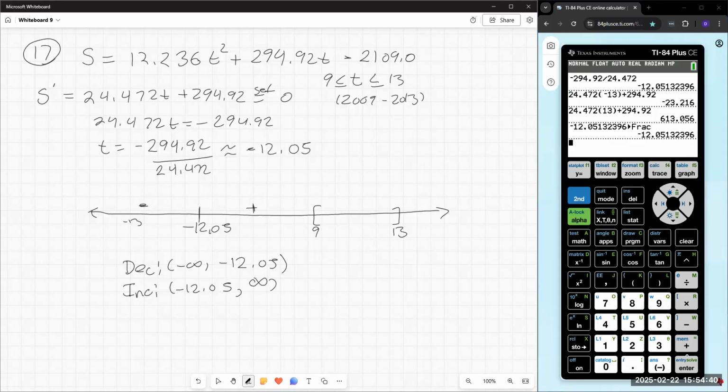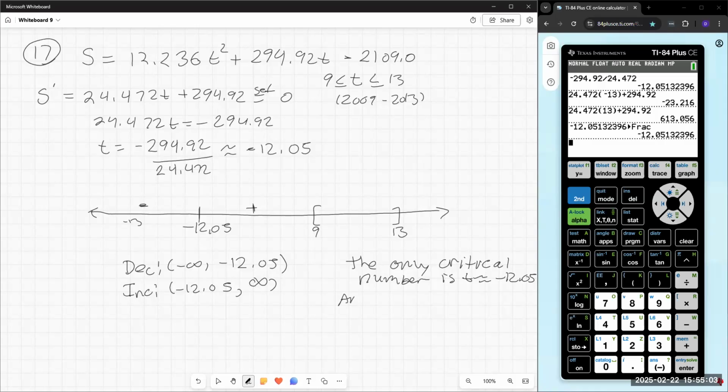And the only critical number is t is about negative 12.05.